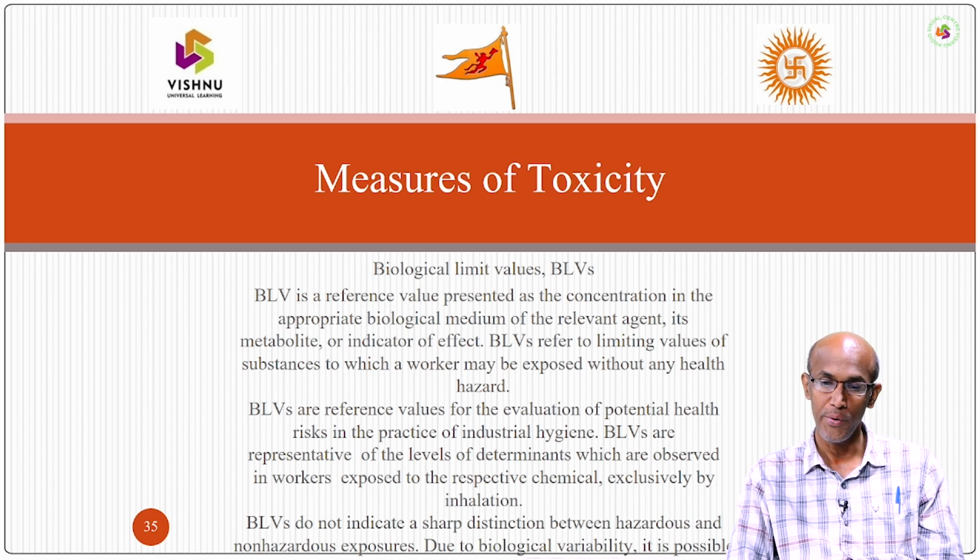BLVs refer to the limiting values of substances to which a worker may be exposed without any health hazard. BLVs are reference values for the evaluation of potential health risks in the practice of industrial hygiene.